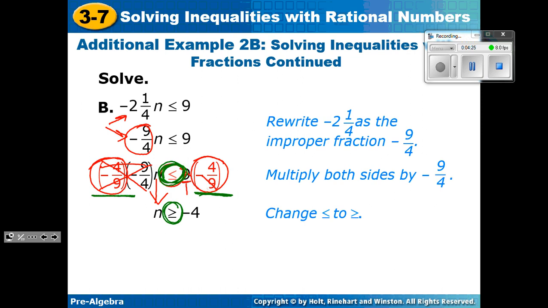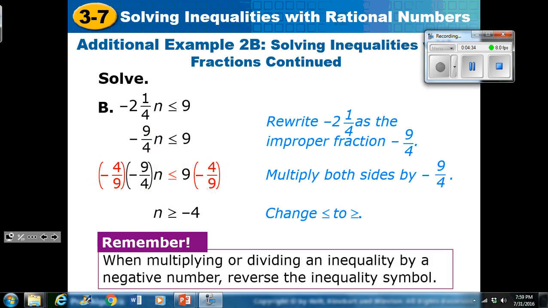The greater than or less than flips around. So our answer is n is greater than or equal to negative 4. Just want you to notice this little box at the bottom, a good thing to remember. When multiplying or dividing an inequality by a negative number, reverse the inequality symbol.